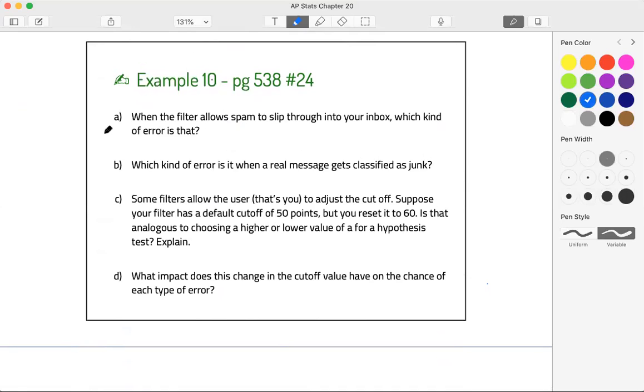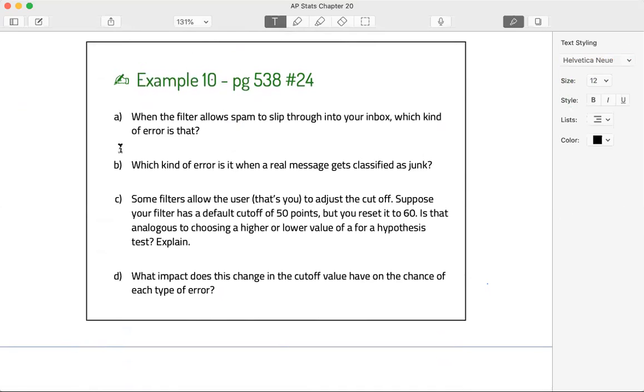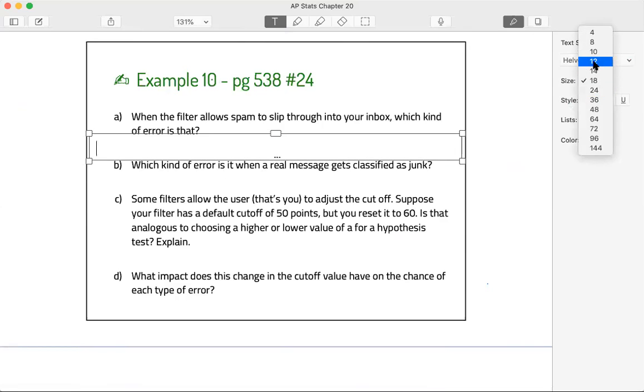Okay, so I'm going to type this in here. All right, so let me bring this size down to 12. So this is a type 2 error.